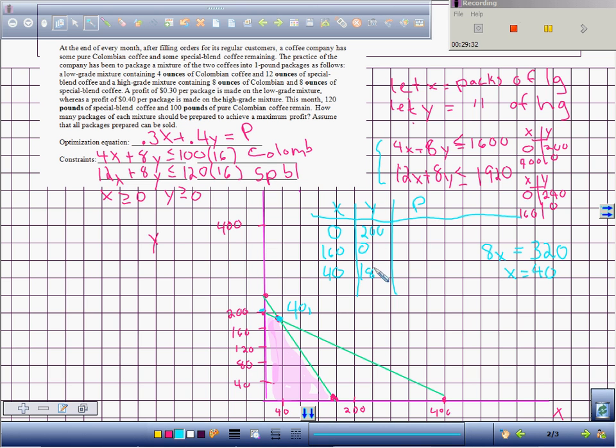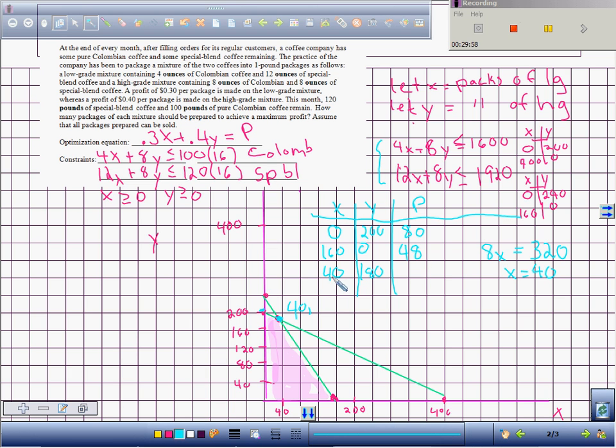All right. And then I take those 3 points and I plug them back into my profit equation. This one's going to give me a profit of 0.4 times 200, which is $80. And this one's going to give me a profit of 0.3 times 160, which is $48, okay?